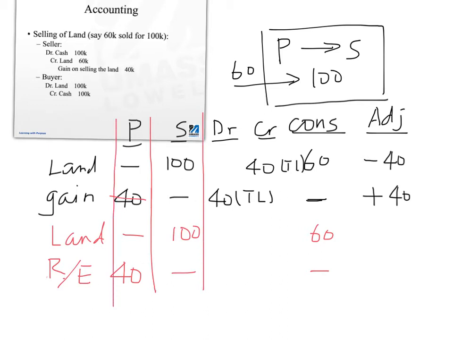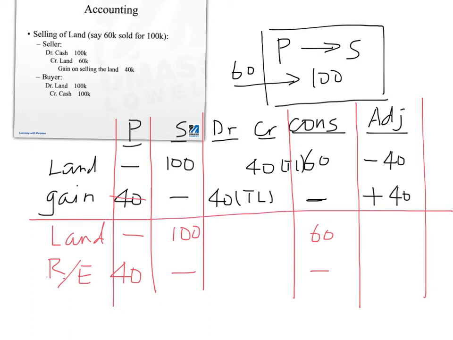All right, so because of this, again, if we look at this panel, we still need 40 here, credit, and we need to debit 40 in the retained earnings. So we need to debit 40 to the retained earnings 1/1 of the seller and credit 40 to the land, okay?